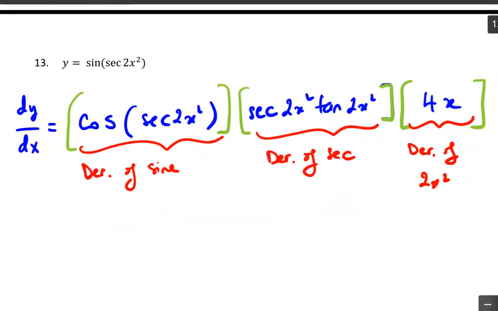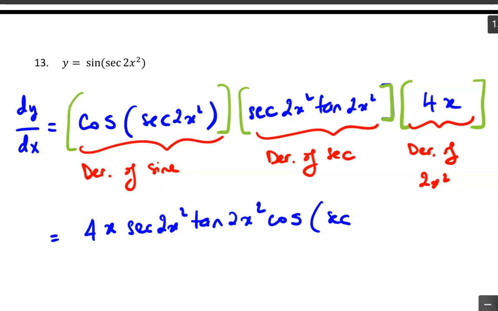In the end, my final answer should be 4x times secant 2x squared, tangent of 2x squared, and then cosine of secant 2x squared in the bracket. And that is the final answer.